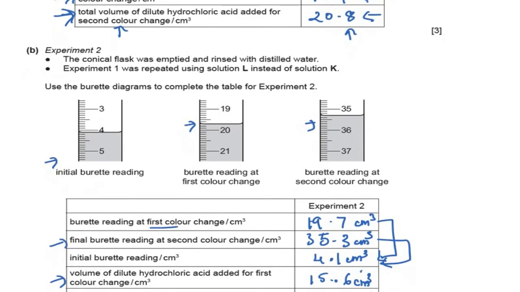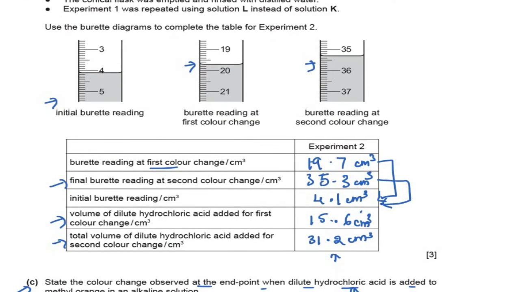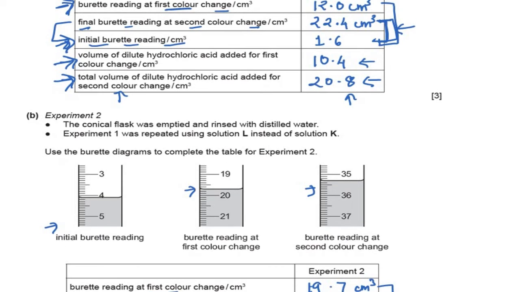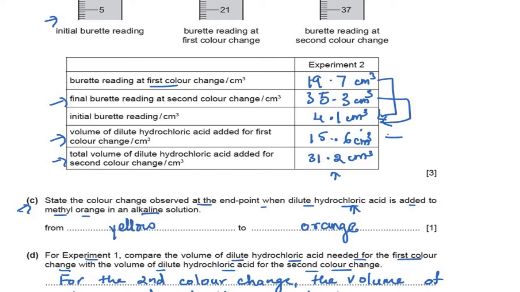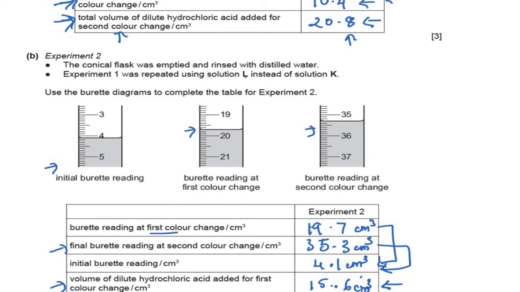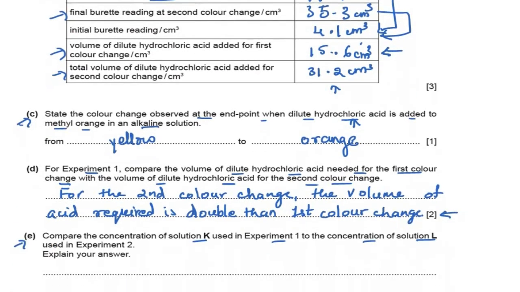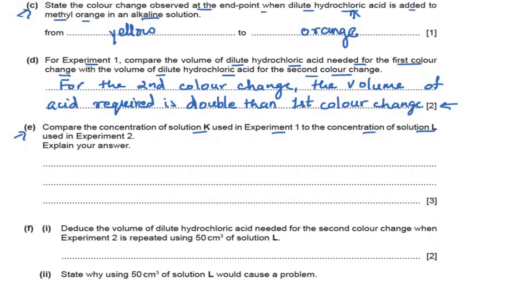You can see that it is almost 1.5 times. If you compare this one also, 10.4 difference, and here the difference for the first color change is 15.6. So you can say that experiment 2, that is with solution L, is having the concentration 1.5 times greater than the solution K.